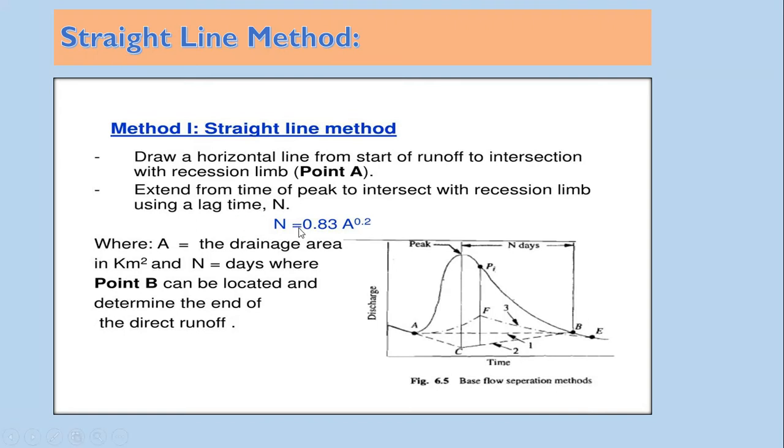So N = 0.83 A^0.2, where N is the number of days, and A is the area of the catchment or basin in square kilometers.